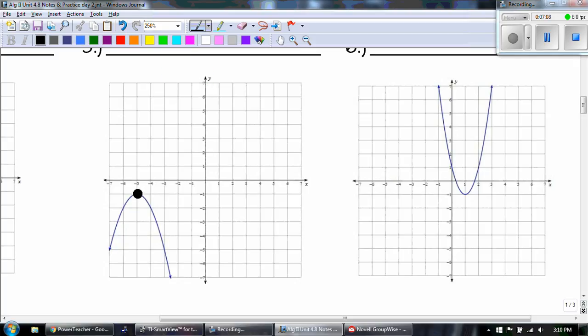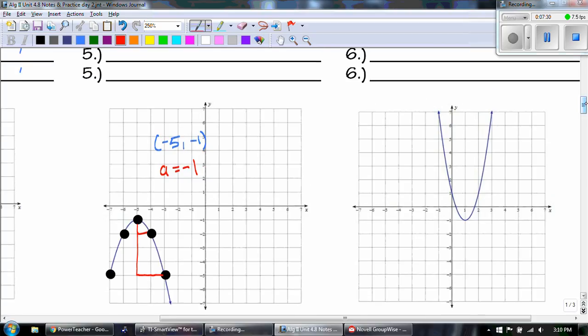So remember, find your vertex, find your pattern. The vertex is -5, -1, and then our a, we're going down 1 over 1, down 4 over 2, that's the -1 pattern. Okay?